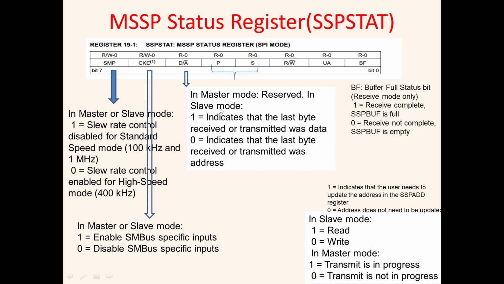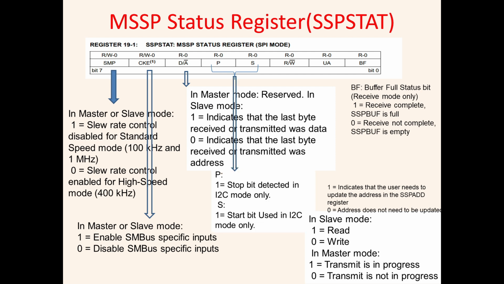For slave mode, 1 indicates that the last byte received or transmitted was data, and when this bit is 0, it indicates that the last byte received or transmitted was an address. This condition is only valid in slave mode, not in master mode.